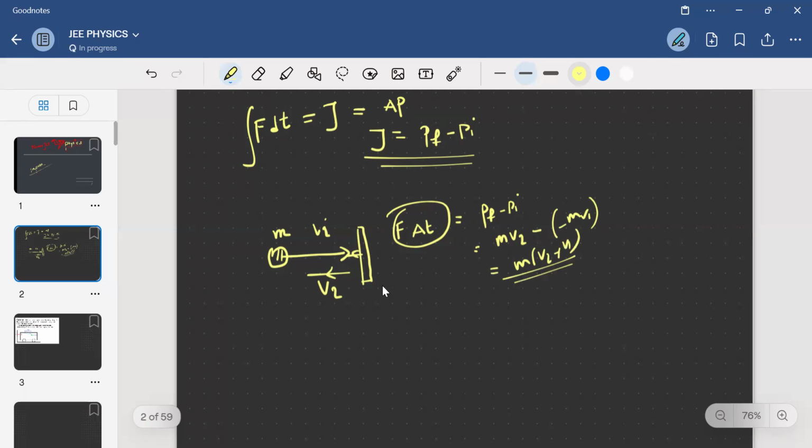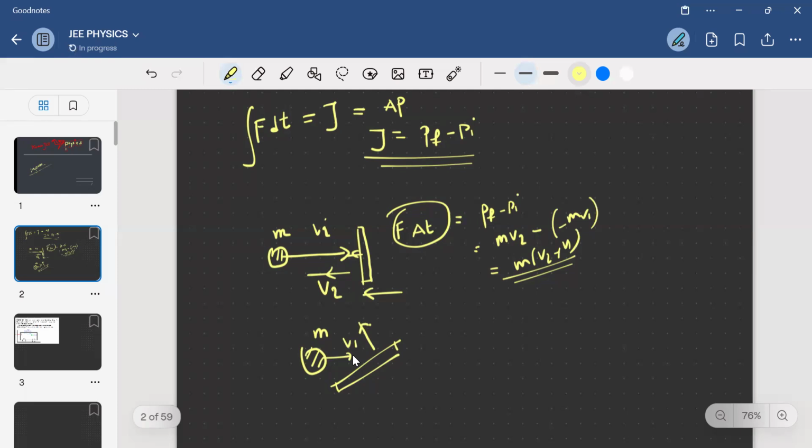And one more concept of impulse we'll see: if the force is applied in the leftward direction, it will only change the momentum in this direction. If the ball is traveling with some velocity, suppose v1 in this direction, and somebody hits the ball with the bat in this direction, then the ball eventually will get some velocity in this direction.